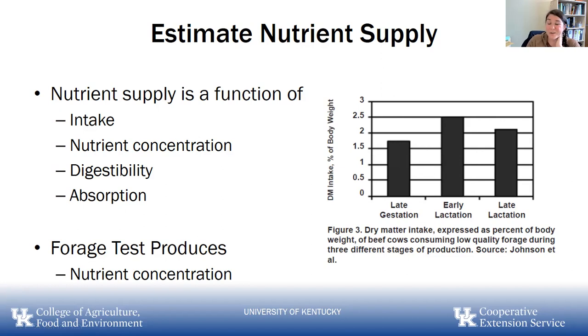And especially the first 30 to 60 days, that's the most important time frame for that cow. You're going to need to look at body condition score during this time too, because as much as we can make a supplement, as much as we can feed them, one of the best indicators is looking at our body condition score as well. All right. And then late lactation, it kind of drops off back to that 2% a little bit.